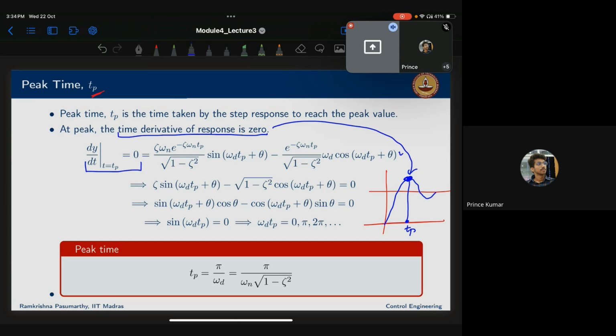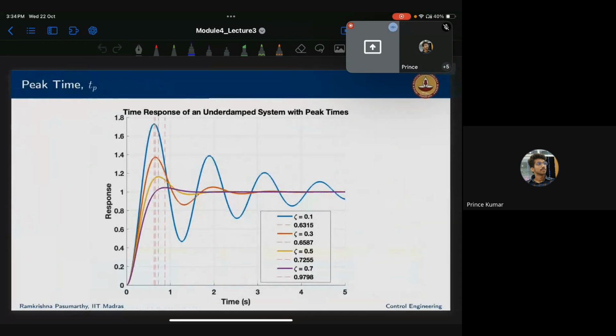Again with the same expression, you do these calculations and you get Tp as pi by omega d. That is called the peak time. Hope this is clear. Similarly you could have the time for this, this, and this. So we say this is the first peak, first undershoot, second peak, second undershoot, etc.